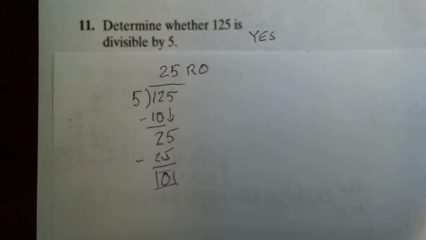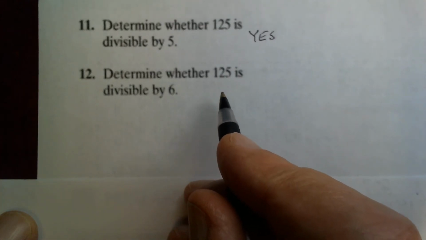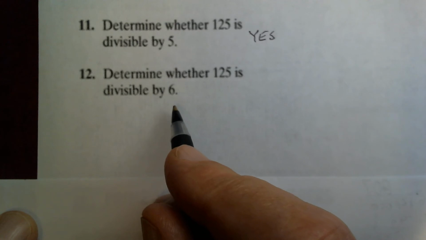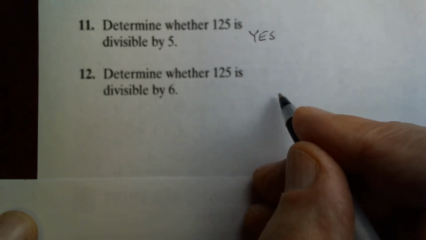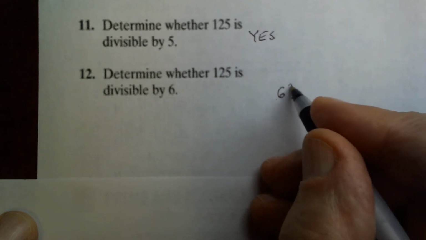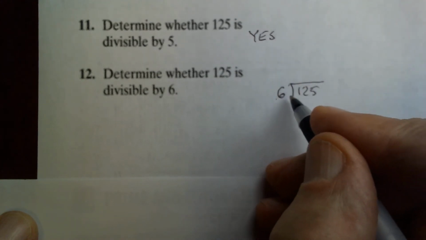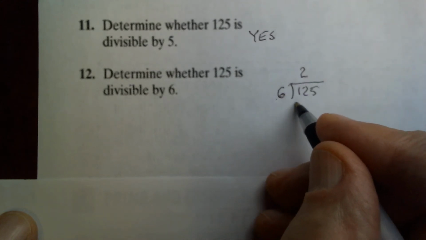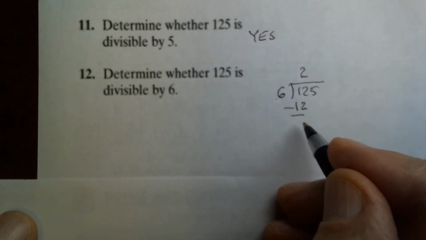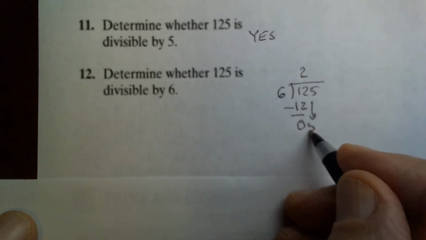In exercise 12, we are asked to determine whether 125 is divisible by 6. So we do the same thing. We divide 6 into 125. So 6 goes into 12 two times. So 2 times 6 is 12. We subtract. It's 0. We bring down the next digit. That's 5.